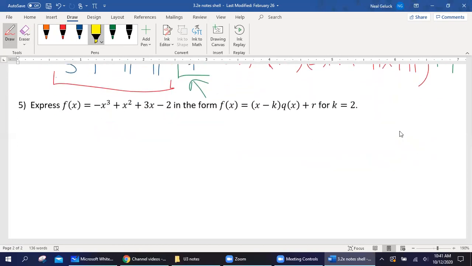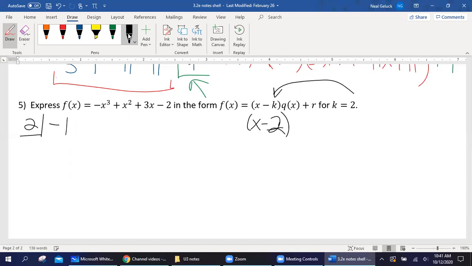For number 5, k is 2. So again, realize that means that I'm dividing by technically x minus 2. But again, when I go to synthetic division, I switch the sign, which takes it right back to 2. This one does not need any placeholders because the powers go 3, 2, 1, none.